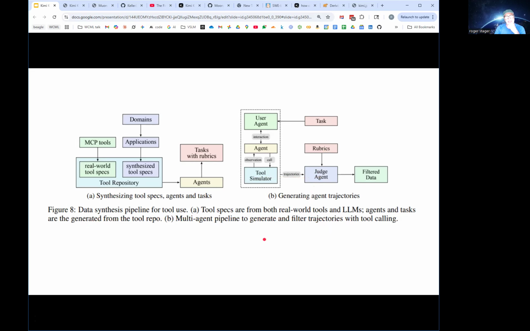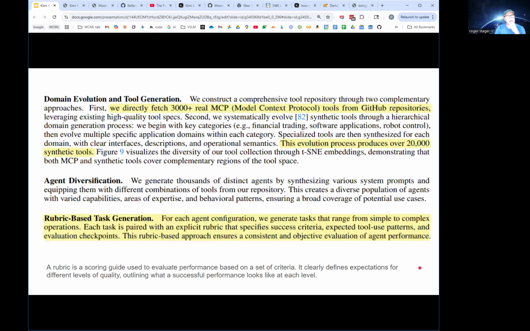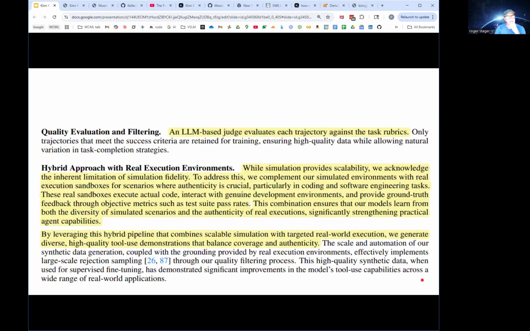Interesting thing about this then is that, let's see if I have the rubrics. Yeah, 20,000 synthetic tools, 3,000 real tools. And this was interesting. What they're basically saying is, hey, we understand that synthetic tools could diverge, but we want the language model to learn to work with large variety, a good distribution of tools.